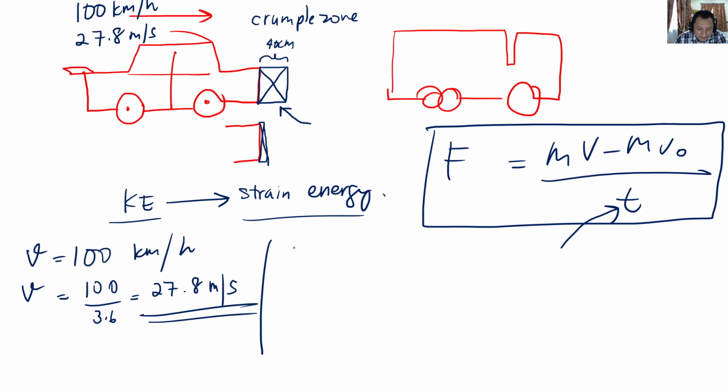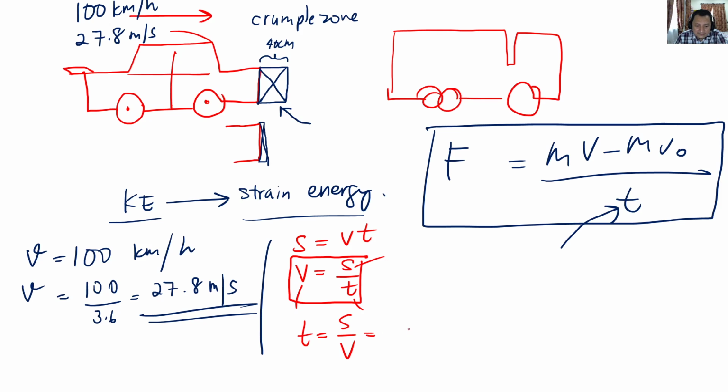Calculate impact time. S is equal to Vt. V is equal to S over T, where V is velocity, S is displacement, T is time. So time is equal to S over V. S is in meters, V is in meter per second.